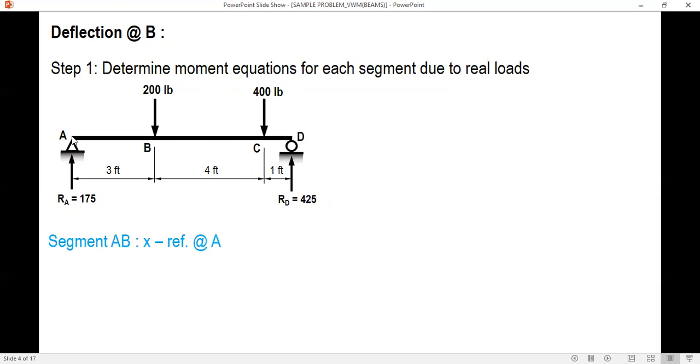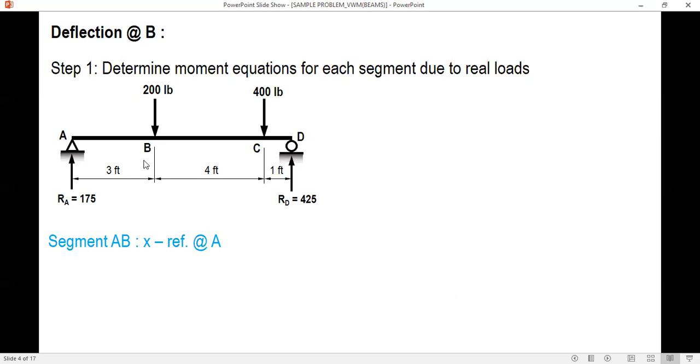In the virtual work method, it depends on where the reference is. Normally, for the first segment, the reference is always the leftmost point. But for the middle segment, it depends on you, whether you reference B or A. Anyway, I'm going to show you two solutions.